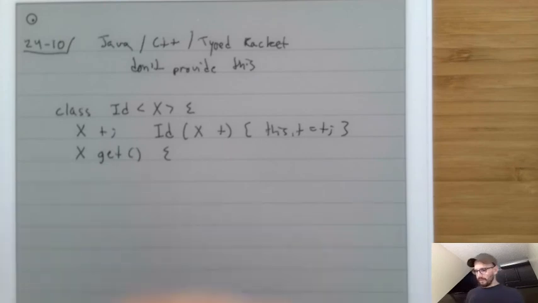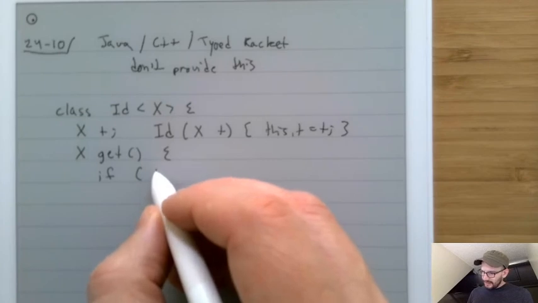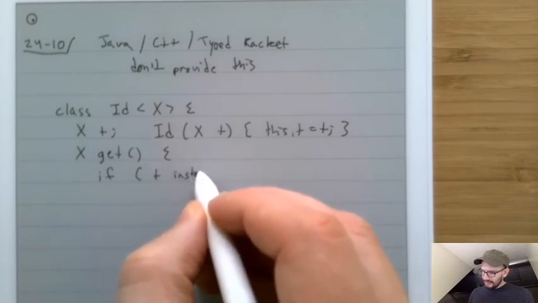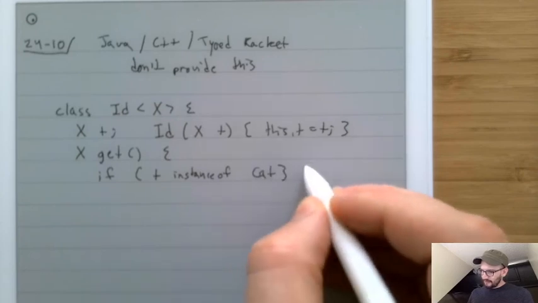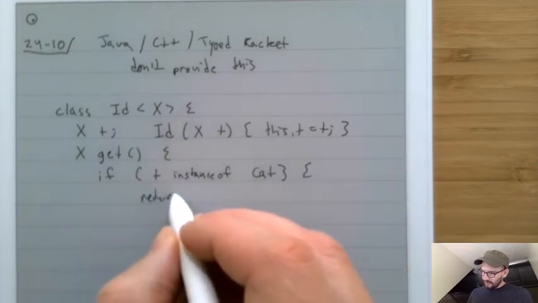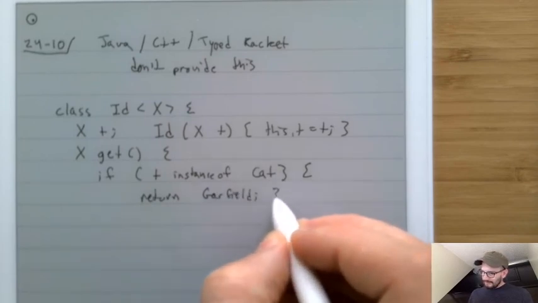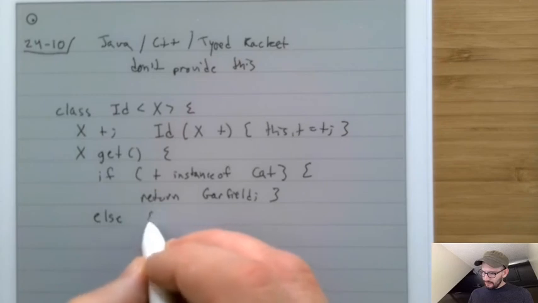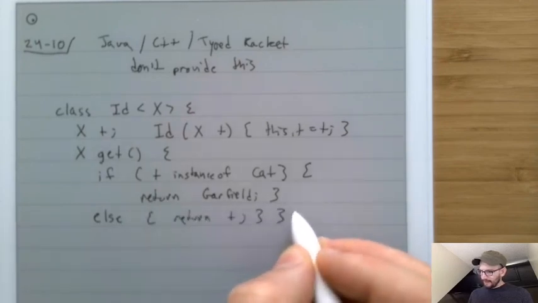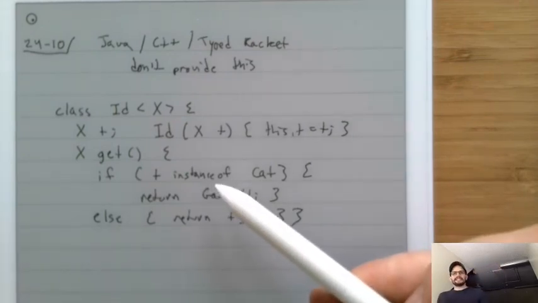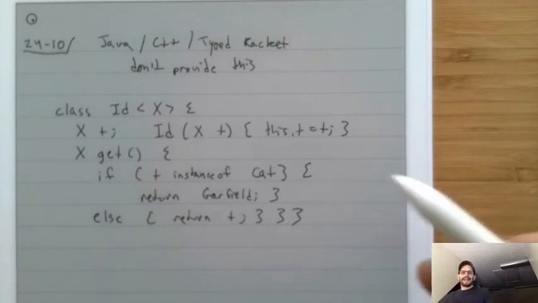Now I can write the following in Java. I can write if t instance of cat, return Garfield, else return t. So because of the instance of operator, I can look at values and ask what kind of thing it is.